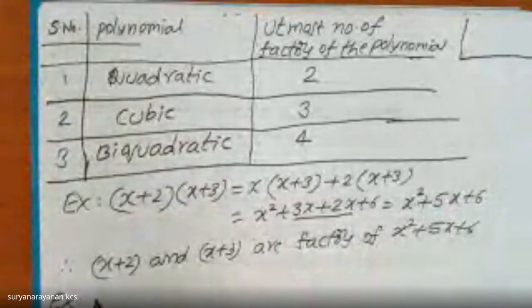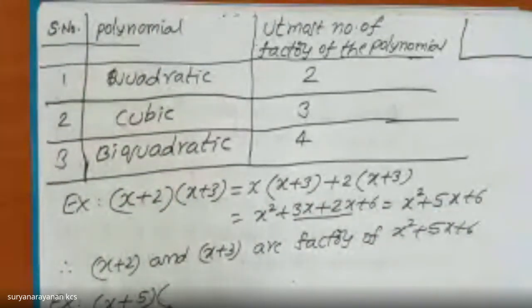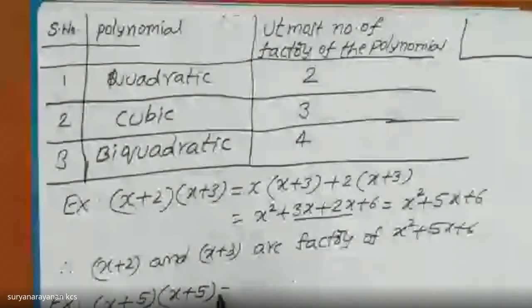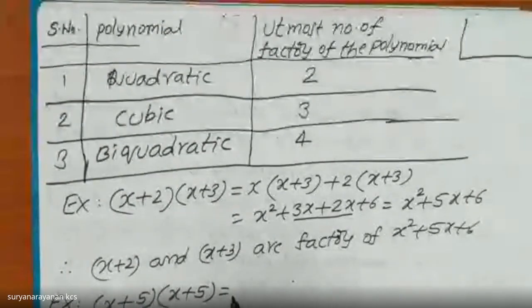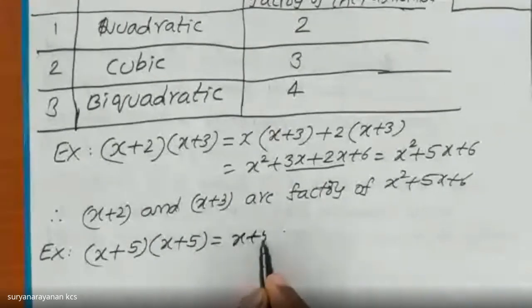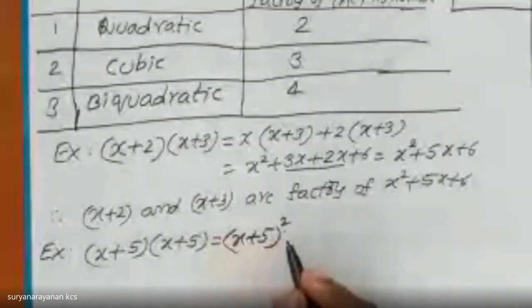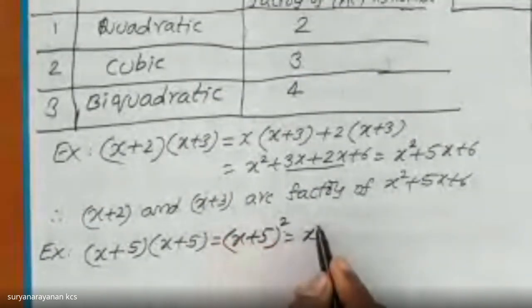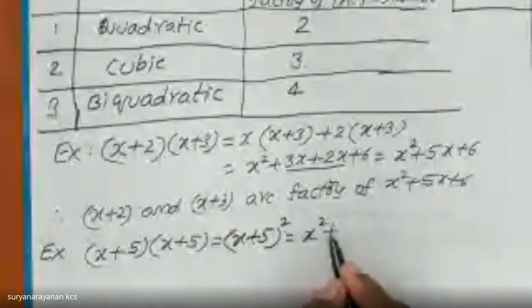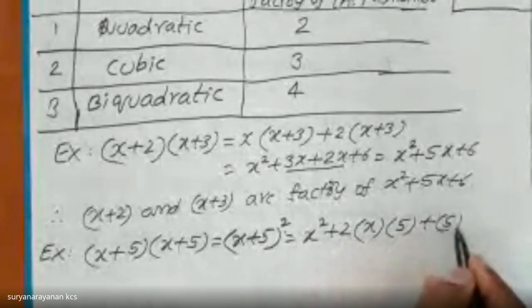See this example. Multiply these two polynomials and tell me. x plus 5 into x plus 5 means x plus 5 whole square. a plus b whole square is a square plus 2ab, that is 2 into a into b, plus b square.